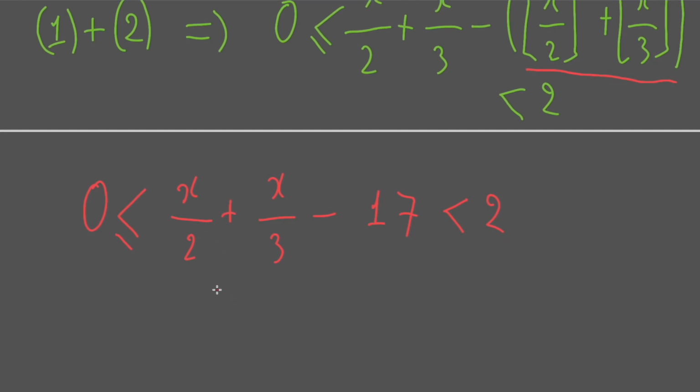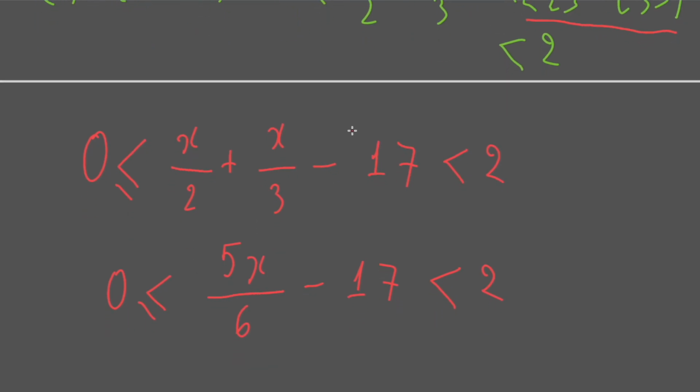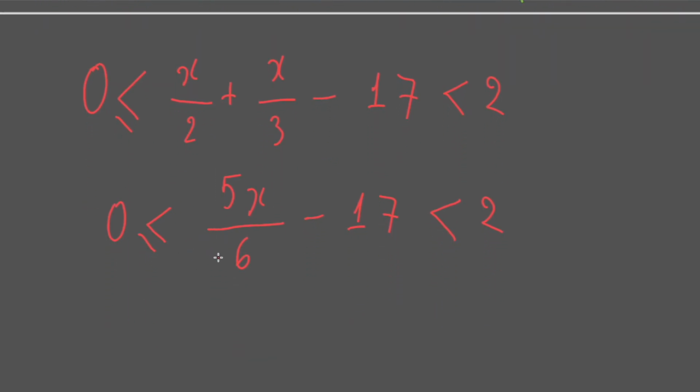Then you will simplify the inequality here. This will be 0 smaller or equal to 5x over 6 minus 17 smaller than 2. Multiply each side of the inequality by 6.